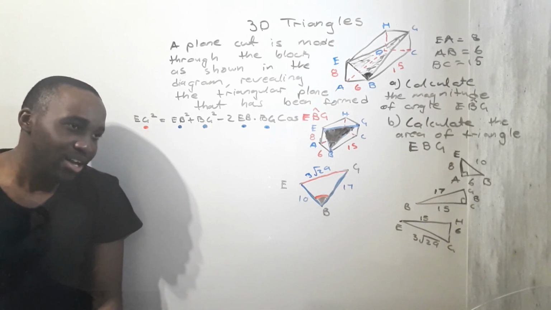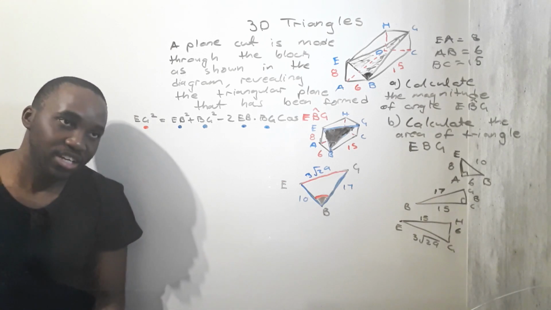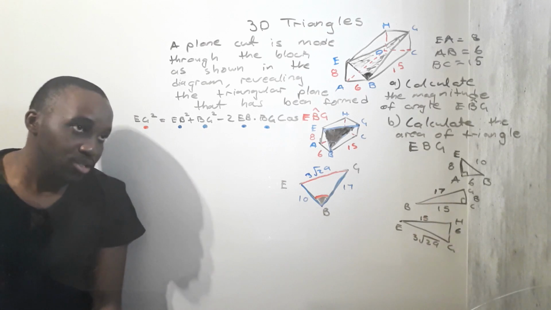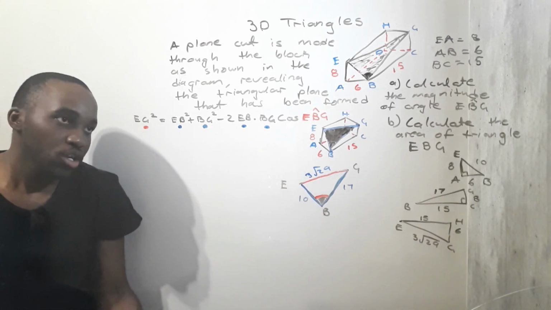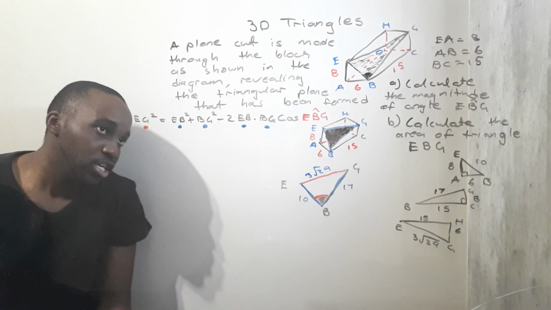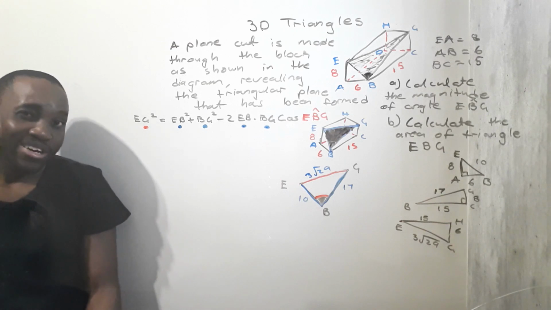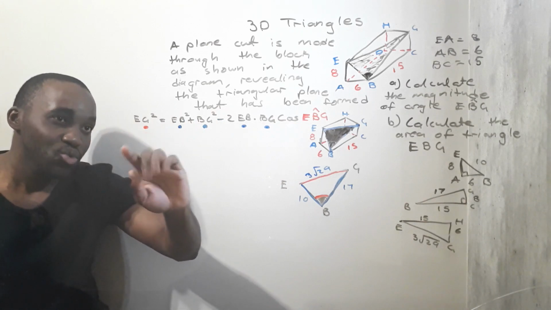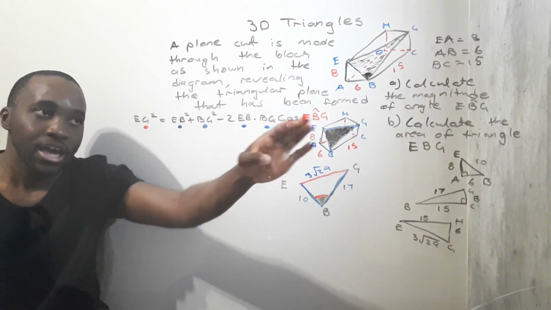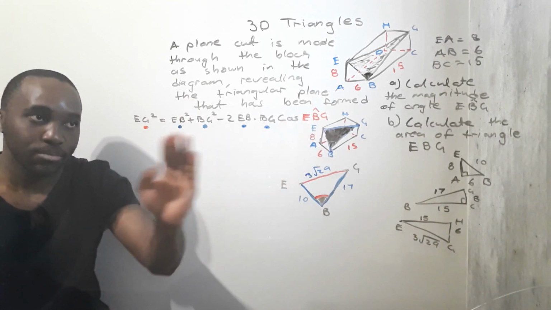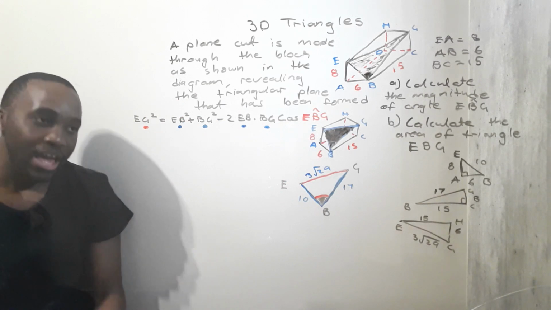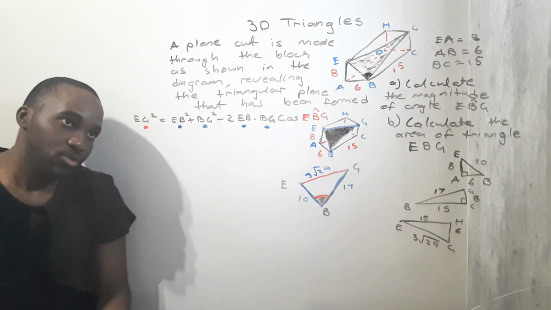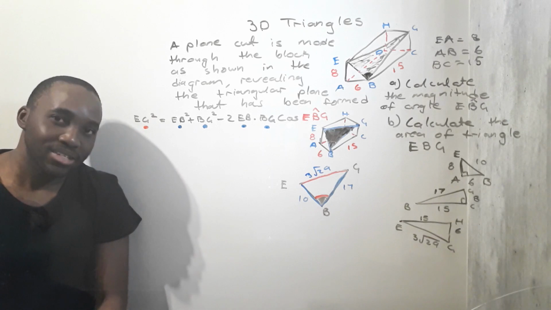So with your cosine rule, again, the more you use it, the easier it gets. So all we want to do now is to use our values to get the angle EBG. Now what I would recommend is, if you're going to work out an angle, try to algebraically make your angle the subject of the formula first, and then just throw in your values afterwards.